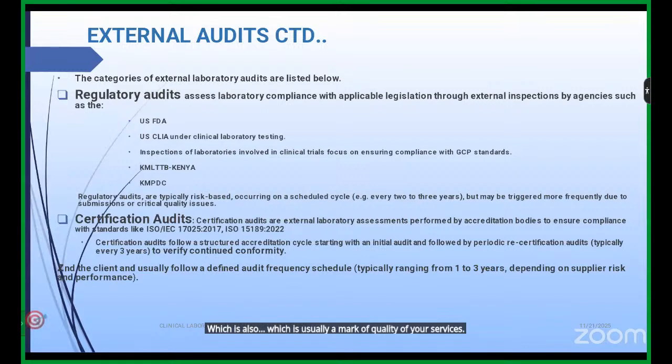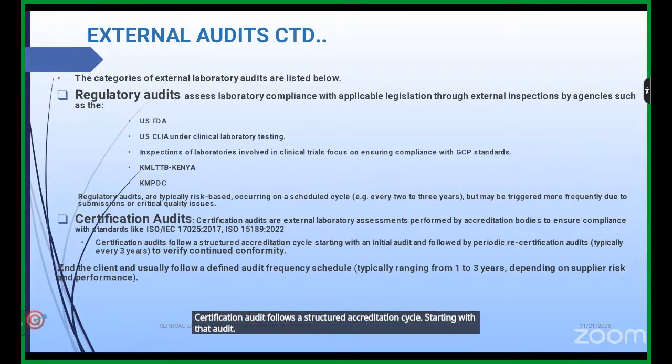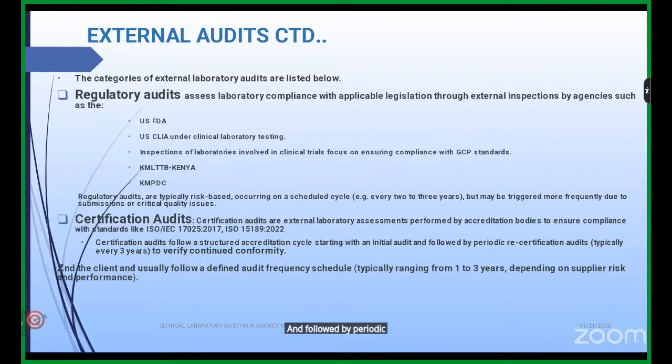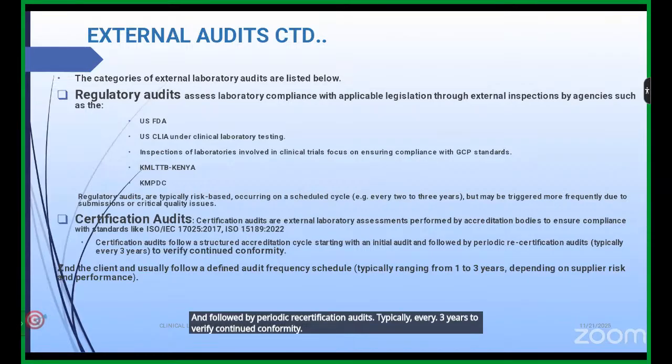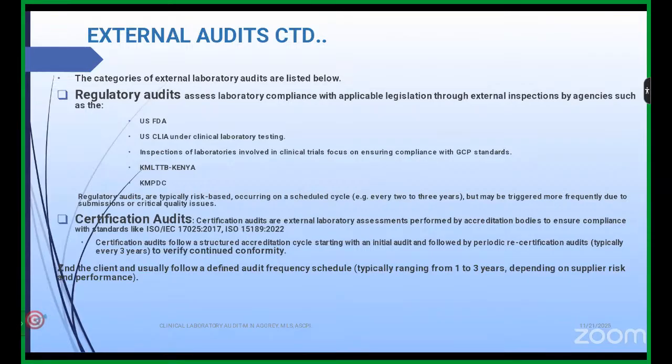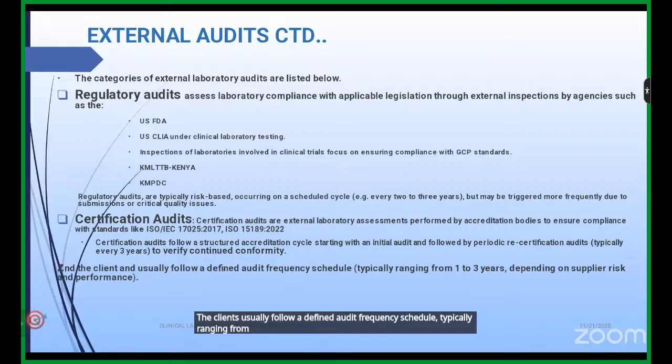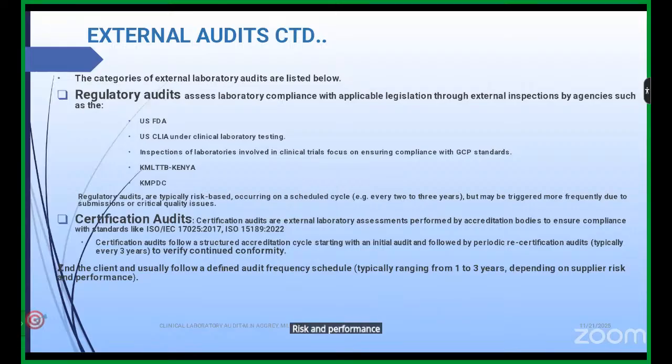Certification audit follows a structured accreditation cycle, starting with an audit and followed by periodic recertification audits, typically every 3 years, to verify continued conformity. The clients usually follow a defined audit frequency schedule, typically ranging from 1 to 3 years, depending on the supplier's risk and performance.